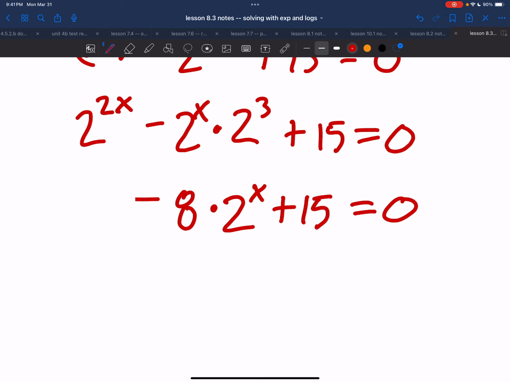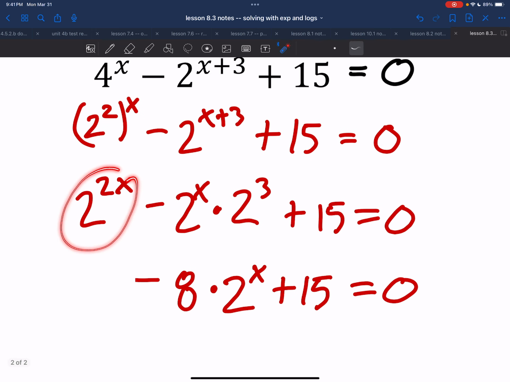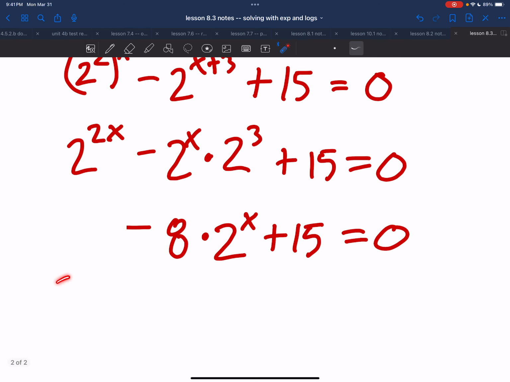And then the reason I didn't write 2 to the 2x right there, I'm actually going to do something a little bit different. So this came from the fact that 2 squared to the x is 2 times x, 2 to the 2 times x, right? Well, it is also true that 2 to the x squared is 2 to the 2x, right? These two things are equal. So I'm actually going to rewrite that as 2 to the x squared.